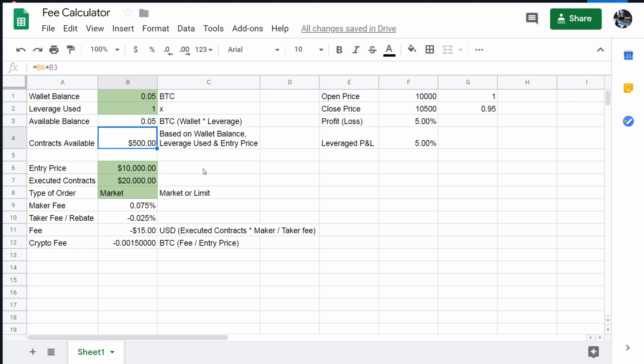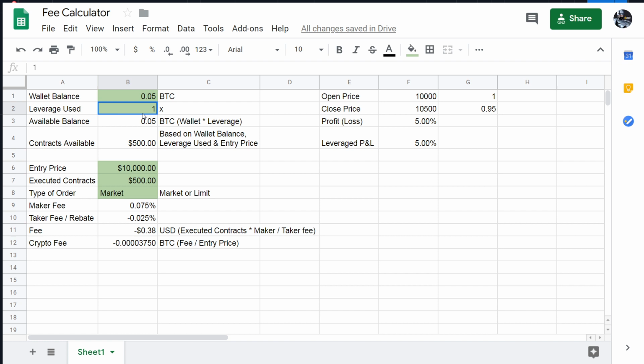So that's how much I have in my account with a 0.05 BTC balance at a price of $10,000. So at 1x leverage, I can create a $500 position. That's using all of my balance at 1x leverage. My liquidation is probably like $1 million or $10 million. Basically, you're not going to get liquidated on a short position on 1x leverage.